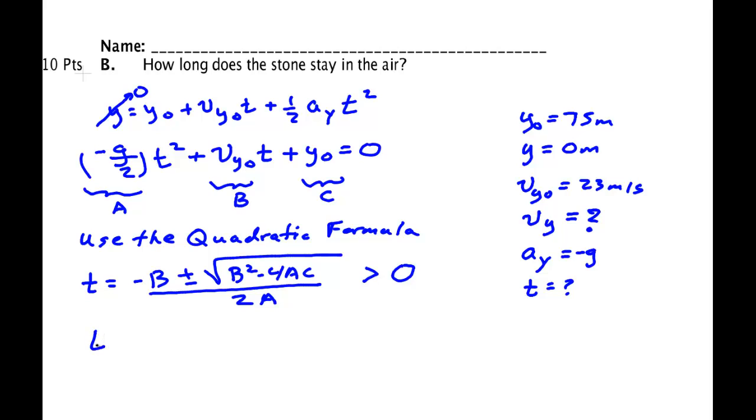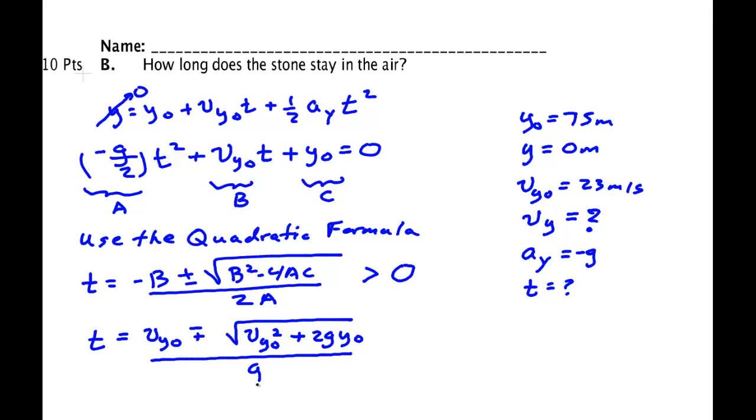Putting in our values for a, b, and c, we get that t is equal to vy naught plus or minus the square root of vy naught squared plus 2g y naught, all of that over g. And again, that has to be greater than 0.